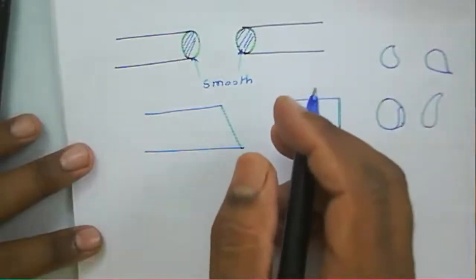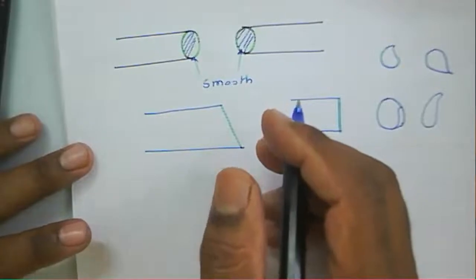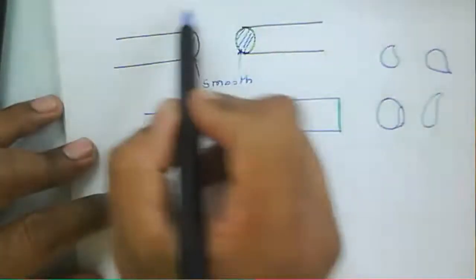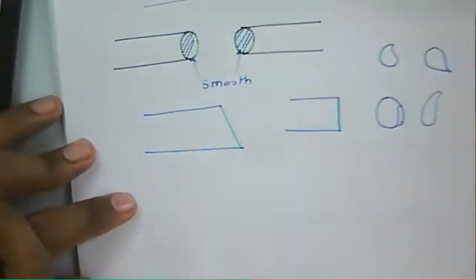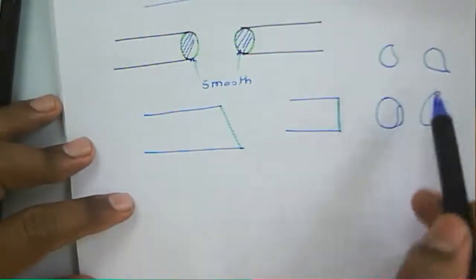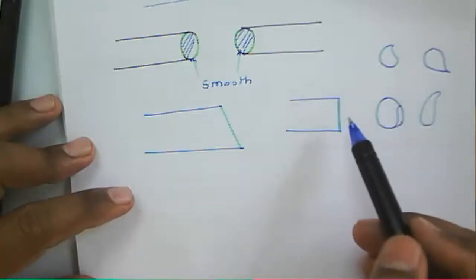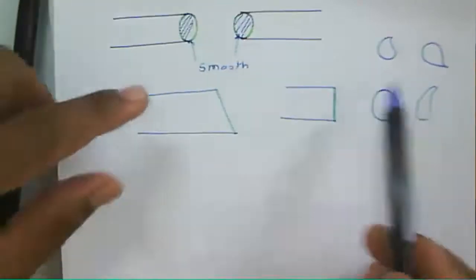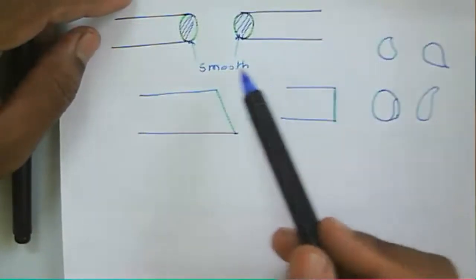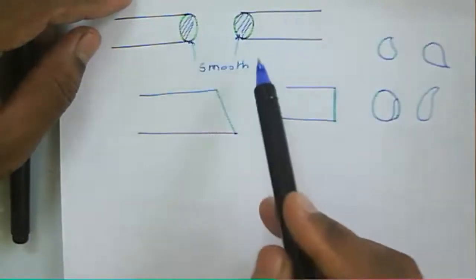So now how to make this particular surface smooth? That is called fiber end face preparation. Because the surface is not smooth, when we are joining these two fibers, light will be scattered.